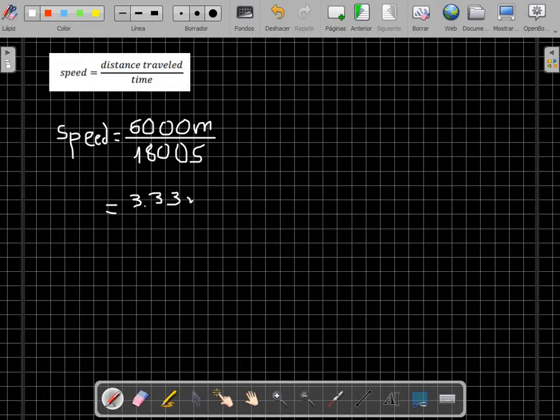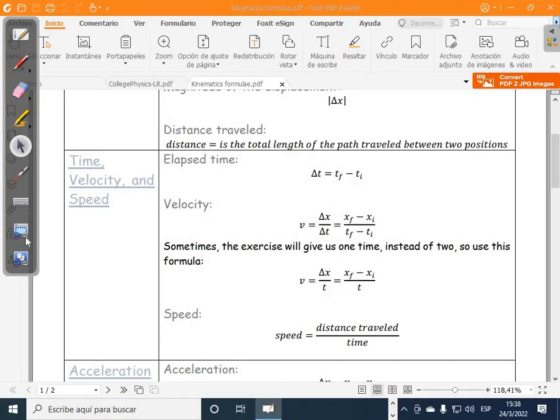Now what about the velocity? Well, pay attention here because this one is going to be a little bit weird. For velocity, remember that we need final position and initial position.